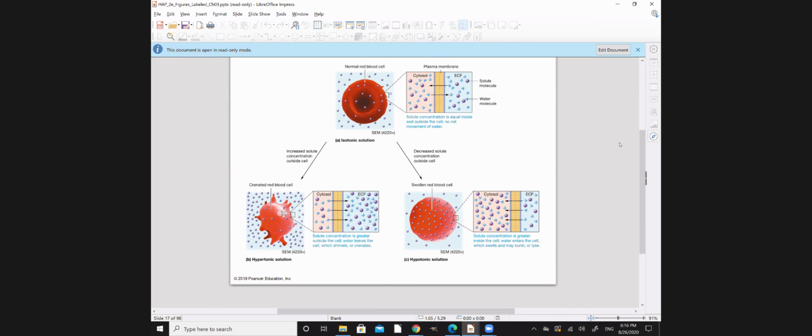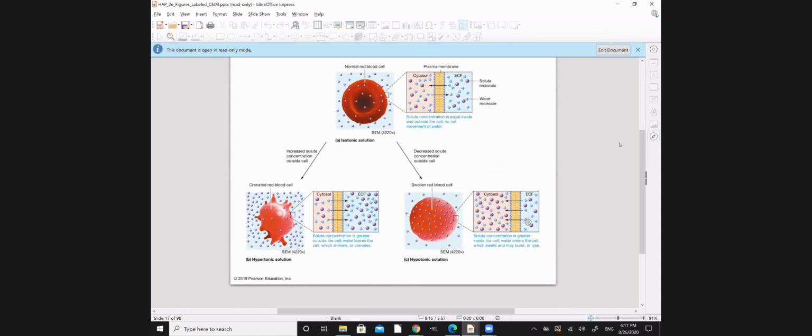will occur. If we have a lower concentration outside of the cell, for example we put in just plain water, for some reason someone made a mistake and injected plain distilled water into the bloodstream, what will happen?